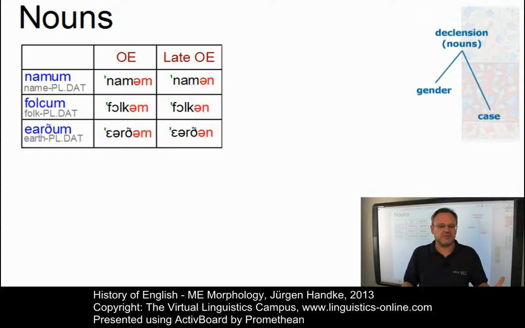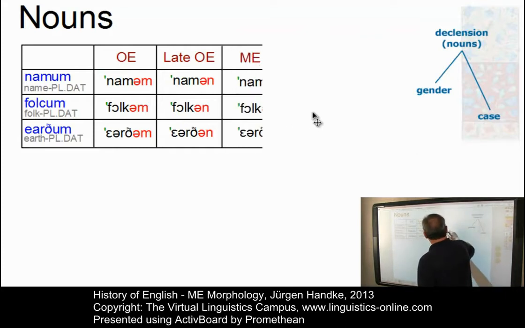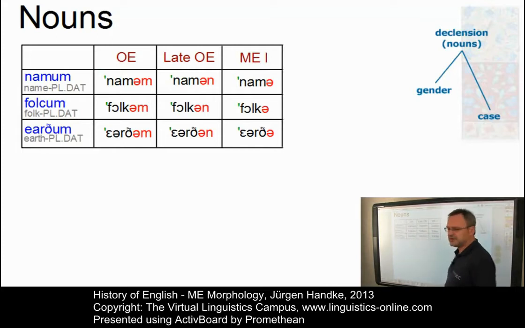At about the same time, all vowels of all inflectional endings were reduced to schwa plus nasal. Later, the final nasal was also lost. So in Middle English, the first step was then to reduce these endings to a type without the final nasal.